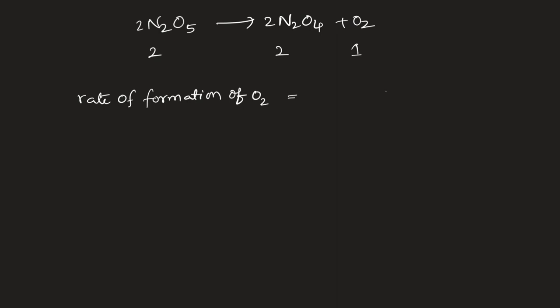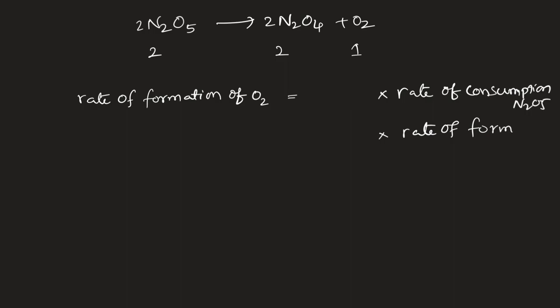Now I will write here the rate of consumption or disappearance. Consumption. Another one, N2O4 formation, therefore the rate of formation. Consumption of which one? N2O5. This is the formation of N2O4.